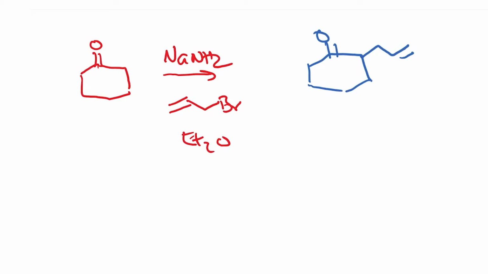So basically these are potassium or sodium enolates, and they can be generated by using the corresponding potassium or sodium salts. Okay. Now, ketones and esters are fairly straightforward to react with.